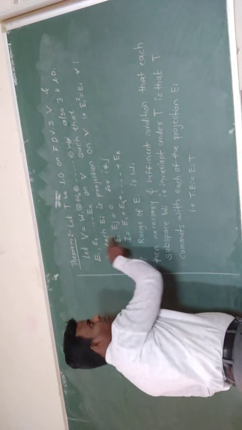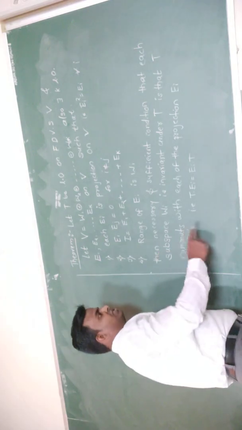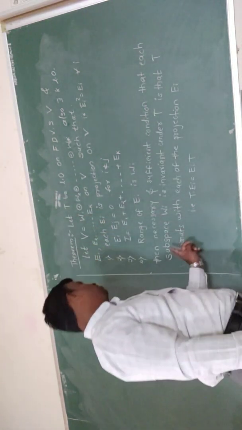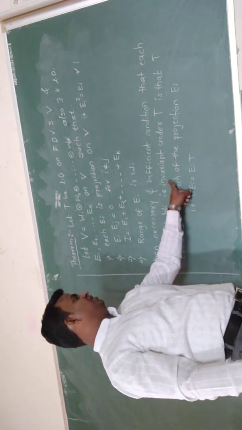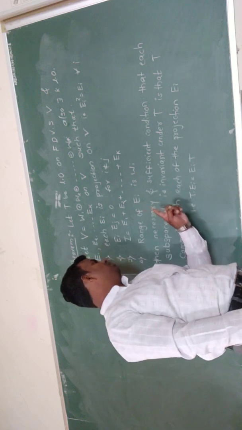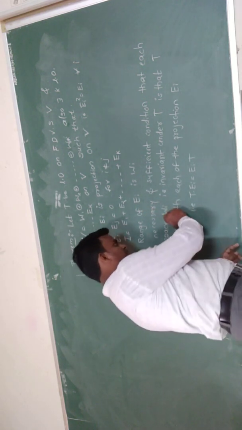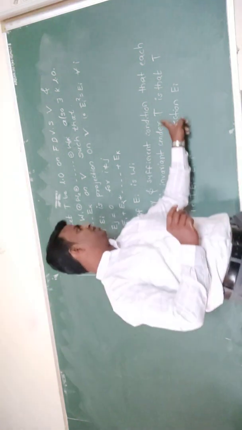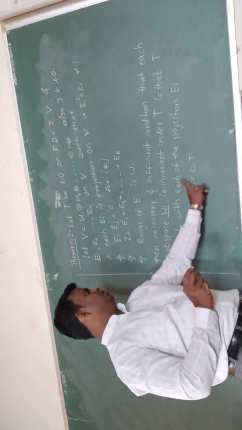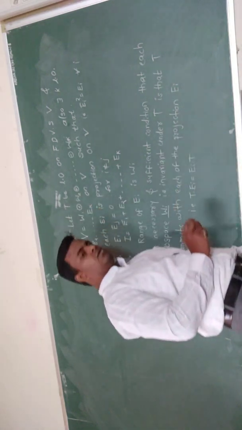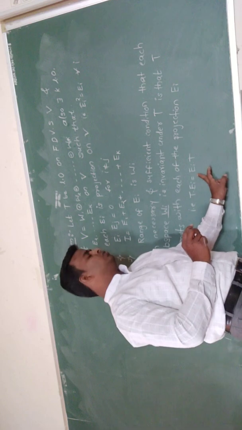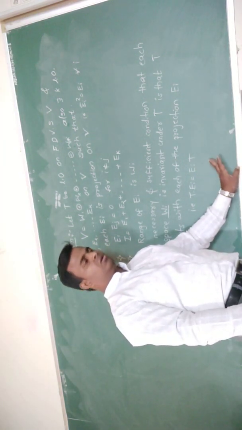Given all this, the necessary and sufficient condition that each subspace Wi is invariant under T is that T commutes with each of the projections Ei, that is, Ei into T is equal to T into Ei.